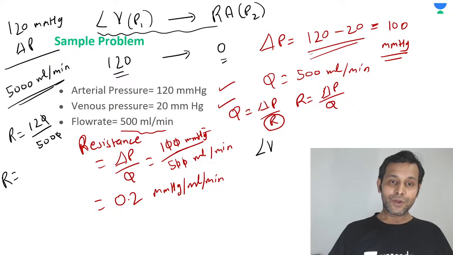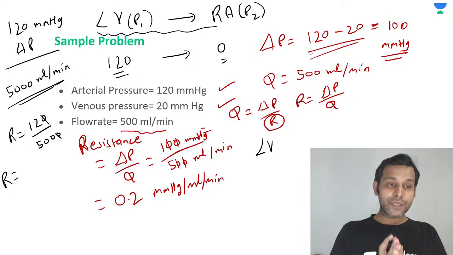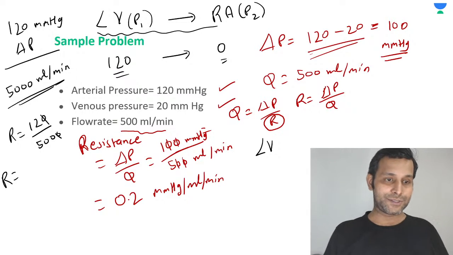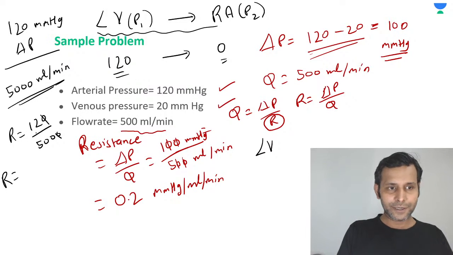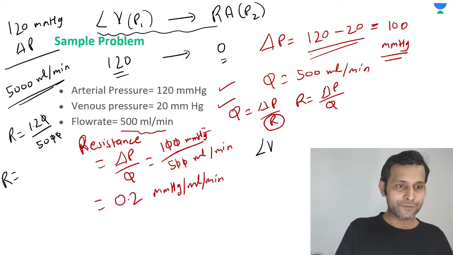So remember, the resistance across this vascular tree will be how much? 12 divided by 500. So again we have to make it simpler. Say 0 cancel and 1.2.